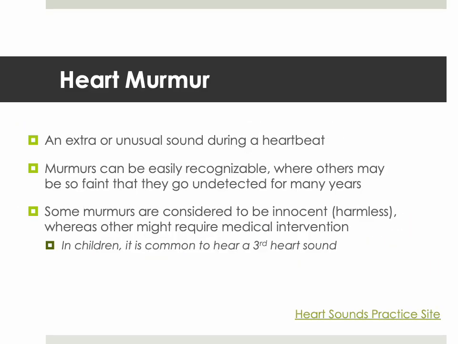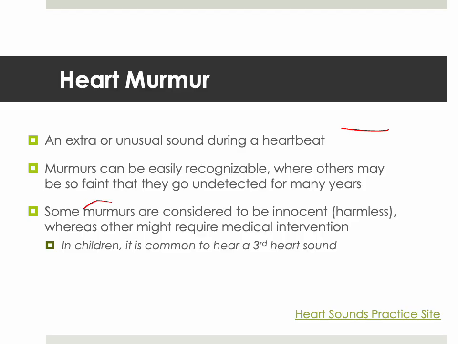Sometimes, as I was telling you guys, some structures are open and not working as they should, and there is a third sound known as a murmur. It could be very sudden, very recognizable. It's like a faint blow, or sometimes it can be very loud, depending on what's going on with the heart.